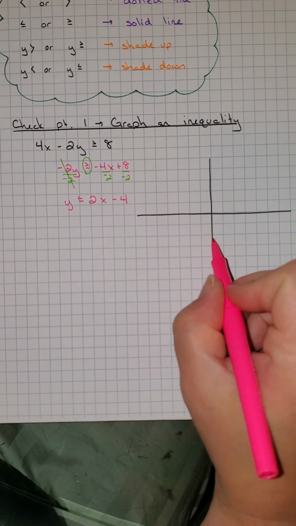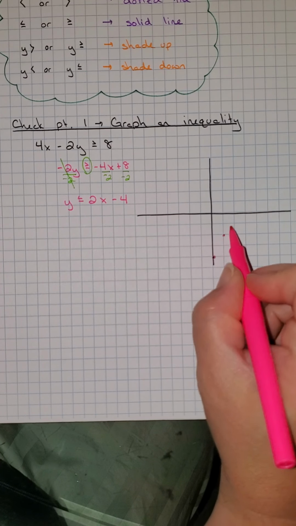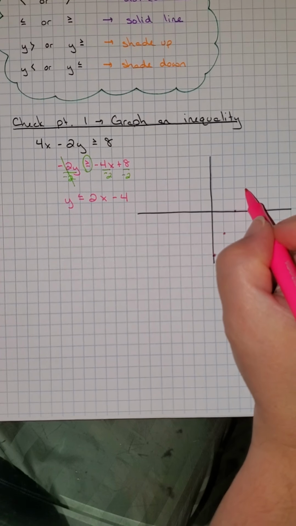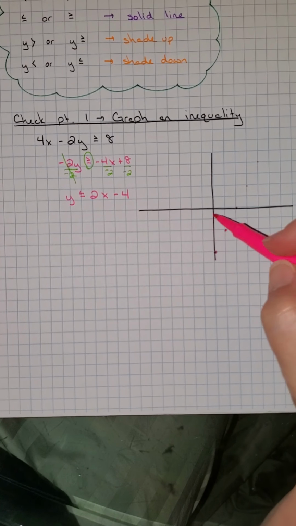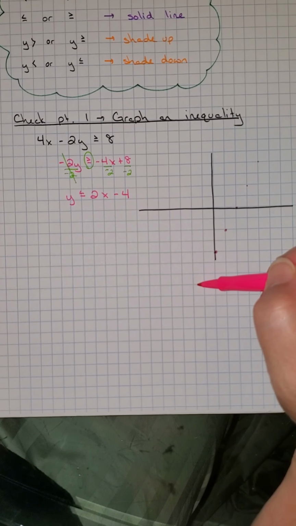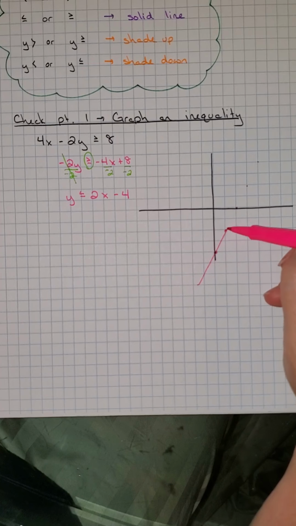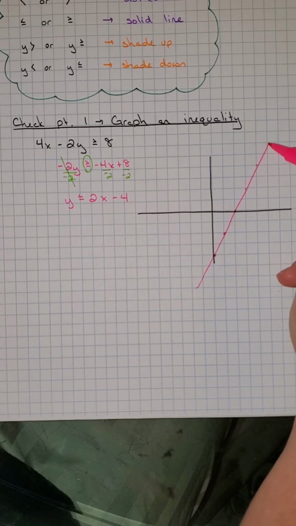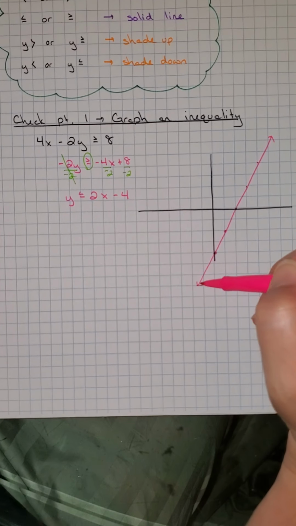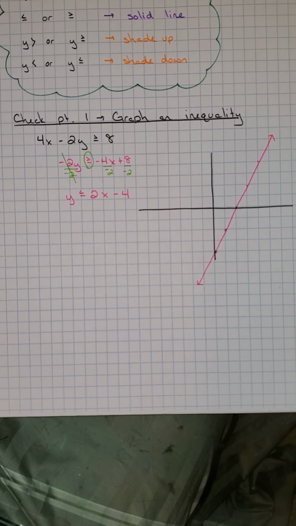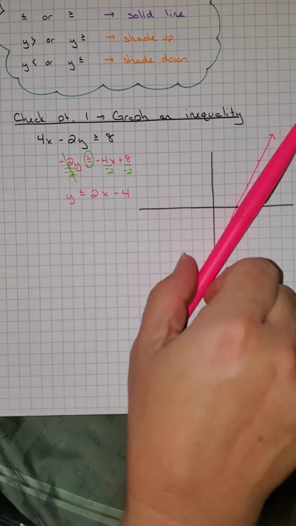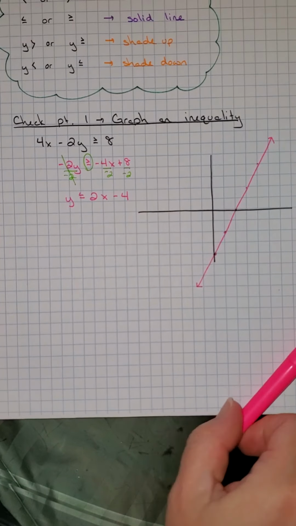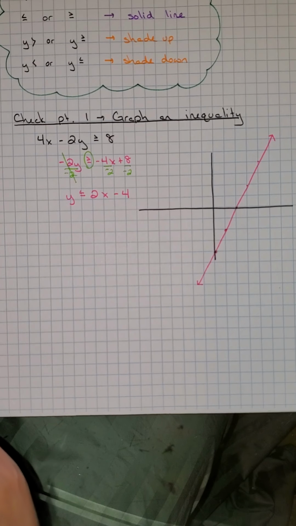And then our slope is up 2 over 1. Less than or equal to, so it's solid. And then less than or equal to tells me we're going to go from the line and shade down. So shading down would be down here.